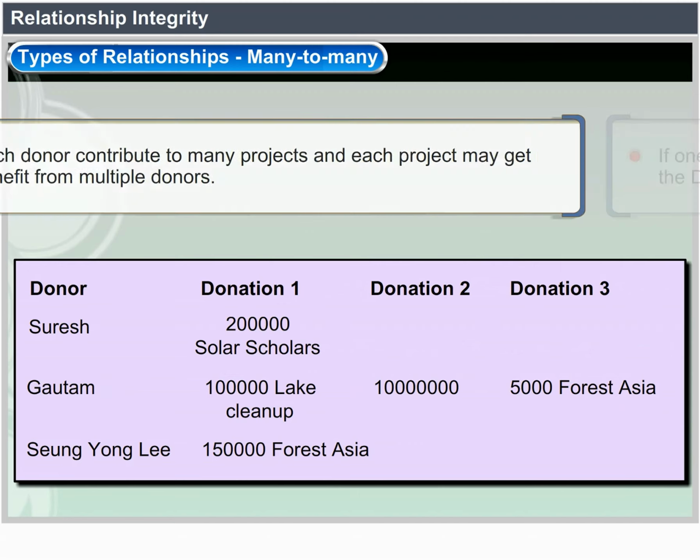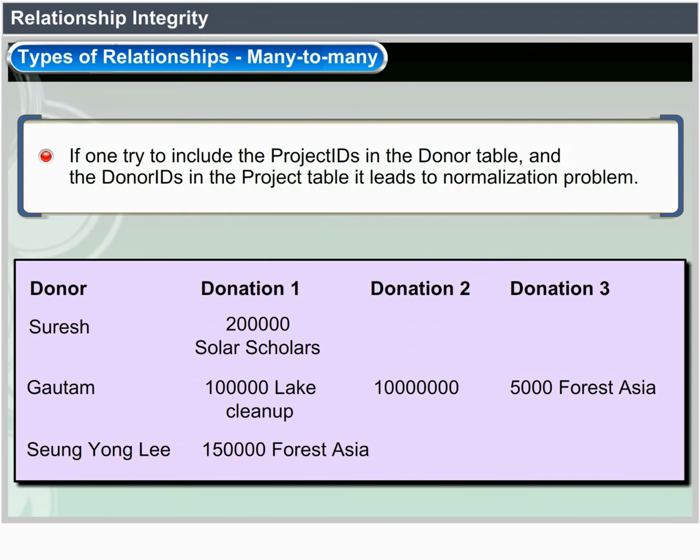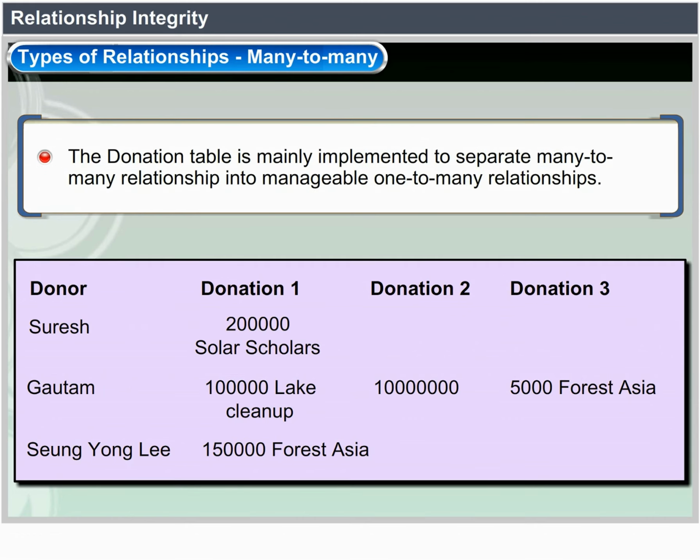If we were to try to include the project IDs in the donor table and the donor IDs in the project table, we would end up with a denormalized mess on our hands. The introduction of the donation table deconstructs the many to many relationship into two very manageable one to many relationships.